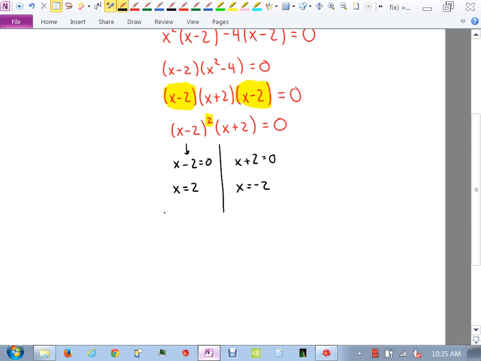At 2, I will bounce. And why am I bouncing? Because that power up here on that factor was even. The other one I'm going to cross because the power on this one was a 1, which is odd.